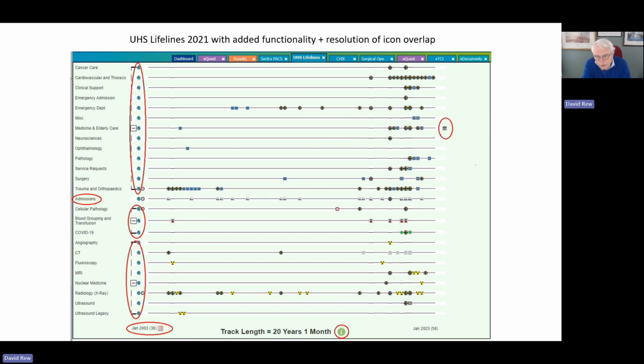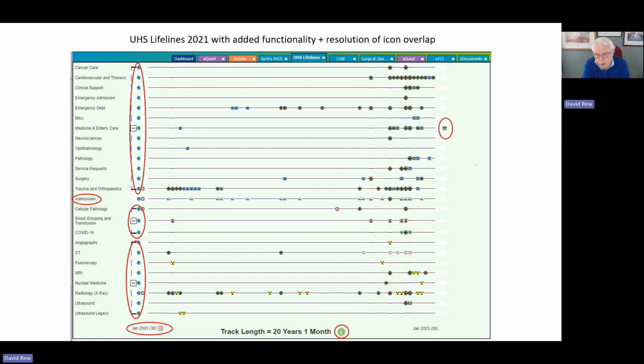Now, one of the problems that we faced was that every icon on the screen takes up a finite space, and we opted for a 12 by 12 pixel sized icon. But because every screen has a finite number of pixels, that's the fundamental of computer screen design.